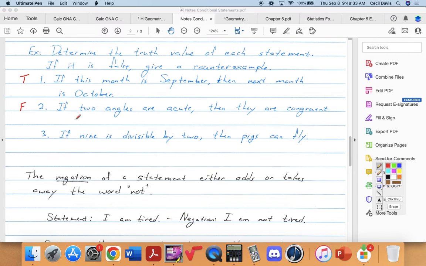Okay, so one angle has measure 1 degree, and the second has measure 2 degrees.